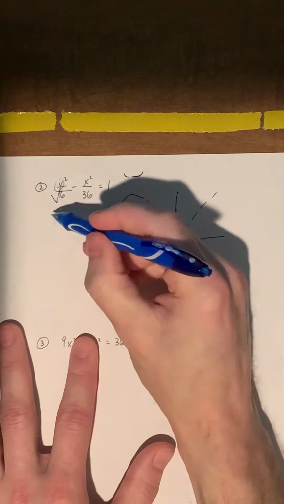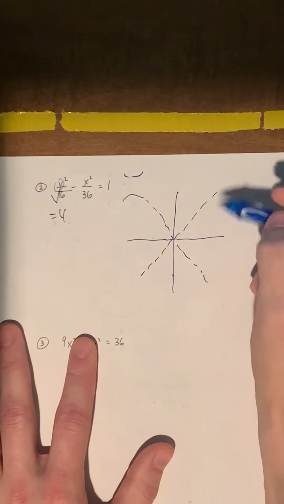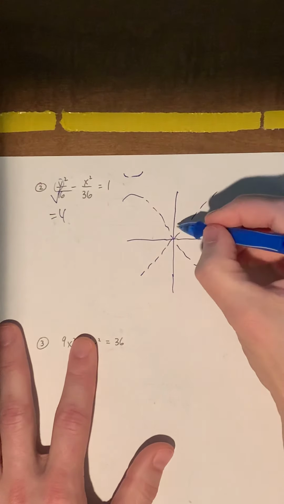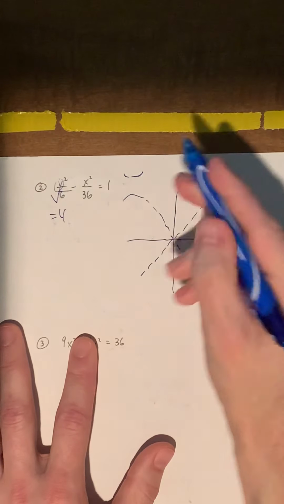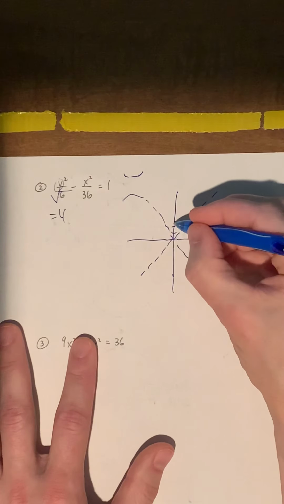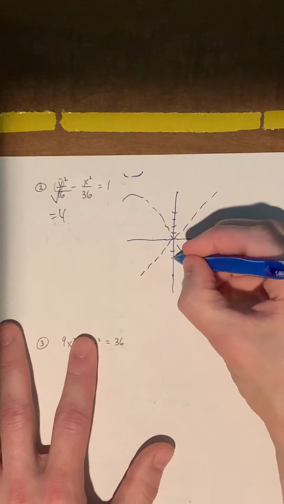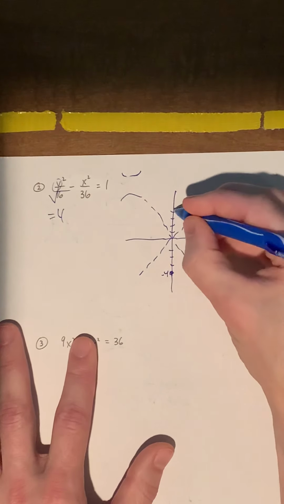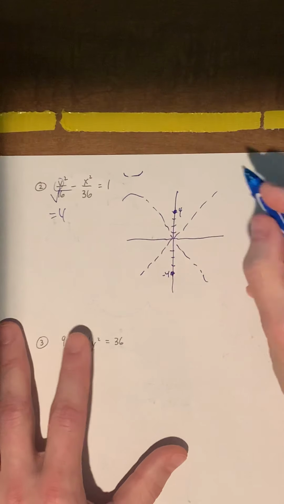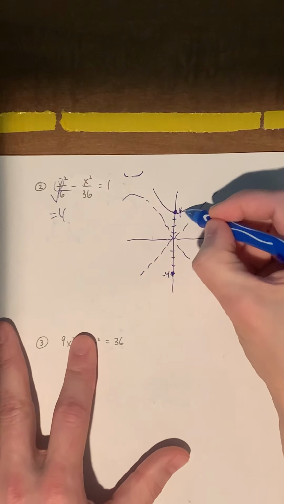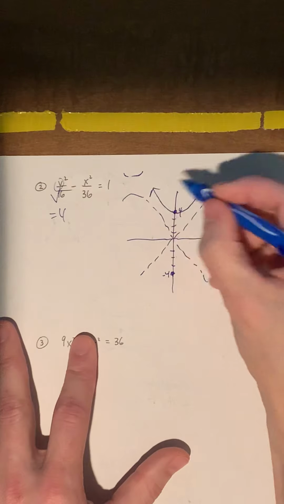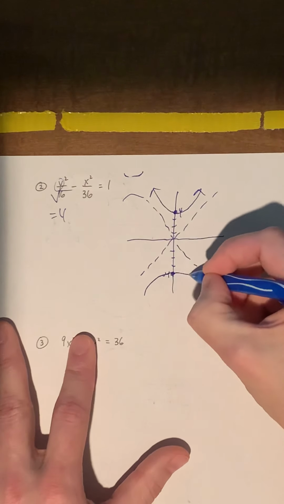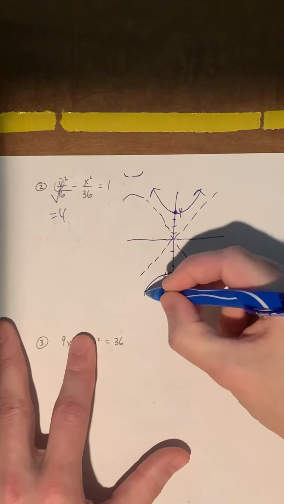Square root of 16 is 4. So these two are going to cross that positive negative 4 on the y-axis, because y fraction comes first. So positive 4, negative 4 are your 2 points of vertices. And then we can make our hyperbola with our 2 curves.